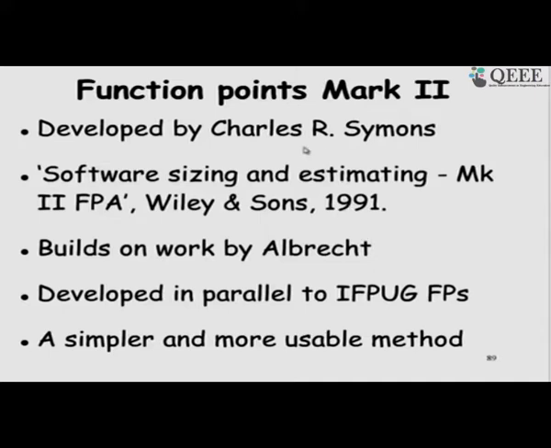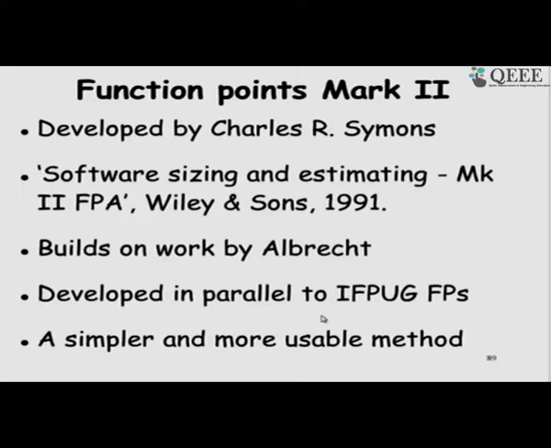So, with that objective, Charles Symons developed function point Mark II. It is based on the ideas of Albrecht, but his objective was to develop a simpler and more usable method, which will produce results on which there will be more agreement whoever is measuring it.